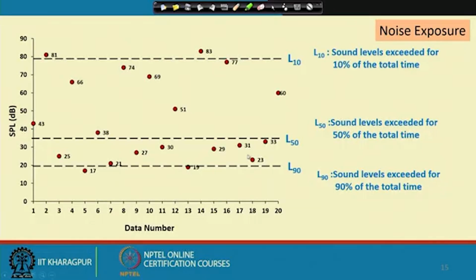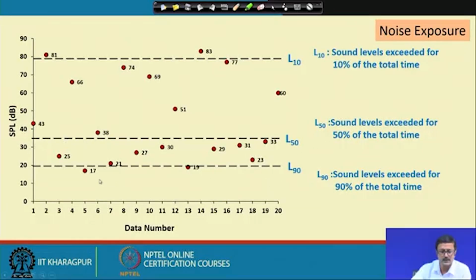So, L50 is 38, L90 is 21, because 90% of the time it is either 21 or more, and L10 is 81 because 10% of the time it is 81 or more than 81. So, 81 and 83 are above that.